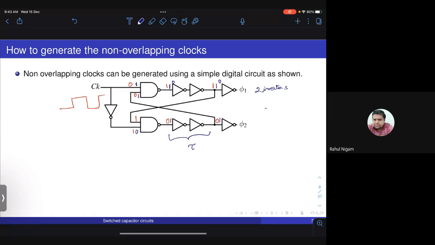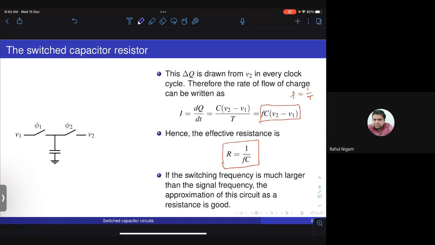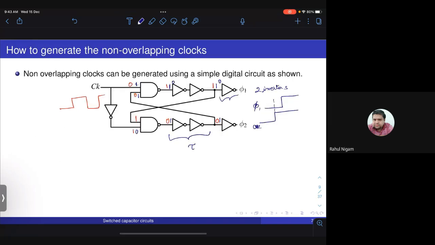Sorry, phi 1 going from 0 to 1, right? So the clock going from 0 to 1 and phi 1 going from 0 to 1, because of this inversion here, there will be a delay of roughly 2 inverters. And what about phi 2?